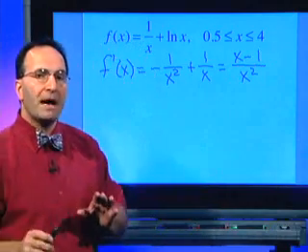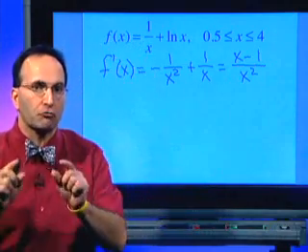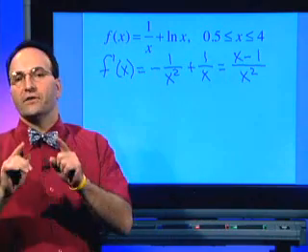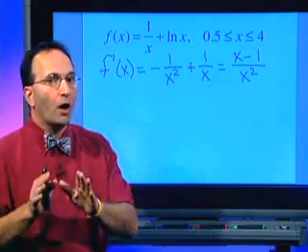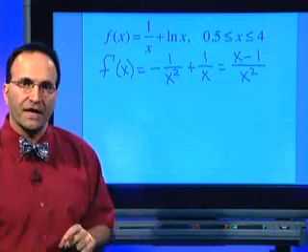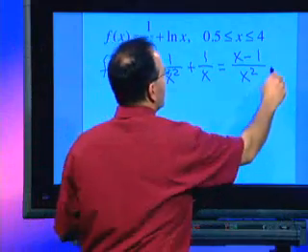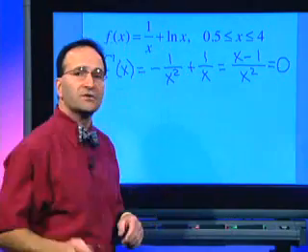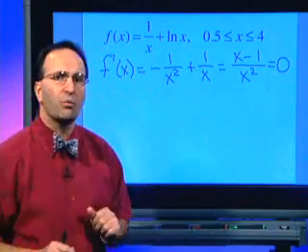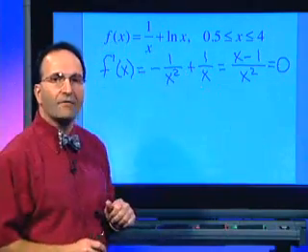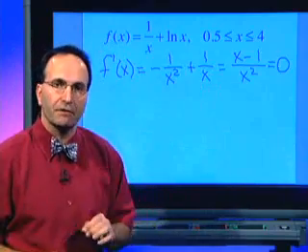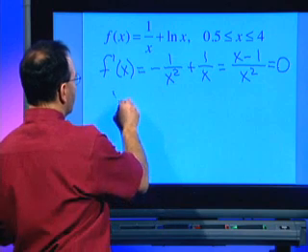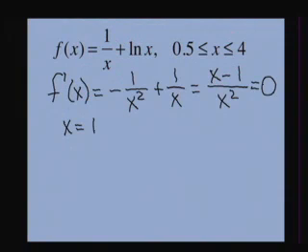And what we remember is that to find a critical point, we look for where the first derivative will equal 0 or where the first derivative does not exist. So we set this equal to 0, and we'll see that when x equals 1, the first derivative is 0. So that is a critical point. So x equals 1.